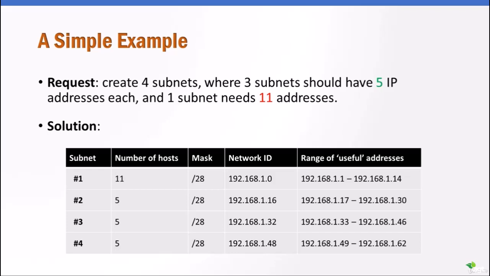And if in this example we had a fifth subnet, then the network ID for that subnet would be 192.168.1.64. So as you can assume, this is very, very basic. In the following lessons, we'll go through more complex examples. So just keep going and you'll be a pro very, very soon.